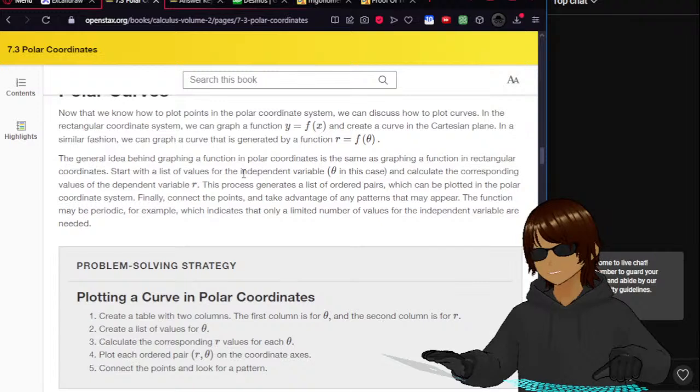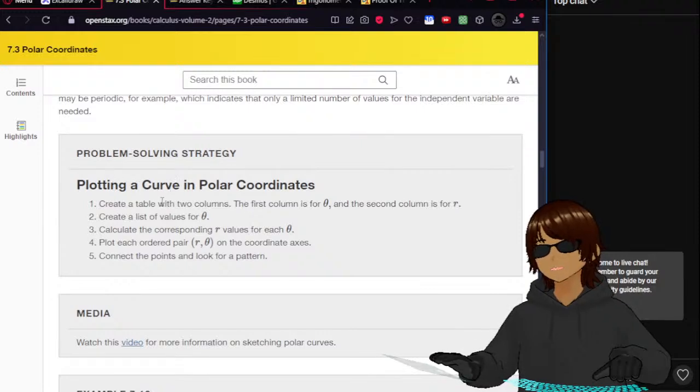Start with a list of values for the independent variable theta in this case and calculate the corresponding values of the dependent variable r. The process generates a list of ordered pairs which can be plotted in the polar coordinate system. Finally, connect the points and take advantage of any patterns that may appear. The function may be periodic, for example, which indicates that only a limited number of values for the independent variable are needed.